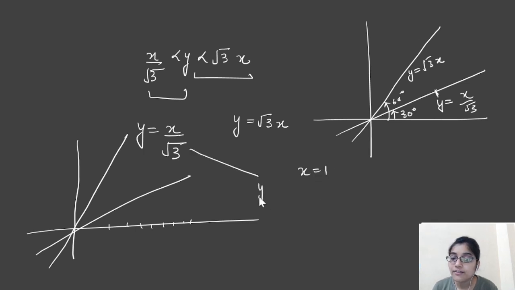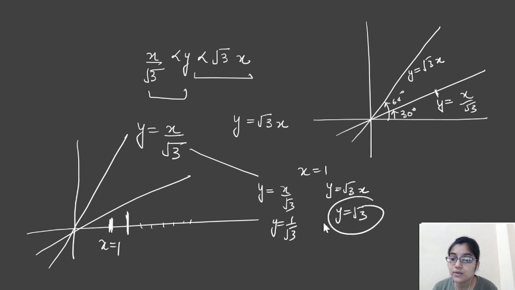Now y equal to x by root 3 will give you 1 by root 3, and y equal to root 3x will give you y equal to root 3. Which value is bigger? Obviously root 3 is bigger. So if you draw a line x equal to 1, on this curve you are getting this value, and on this curve you are getting this value.